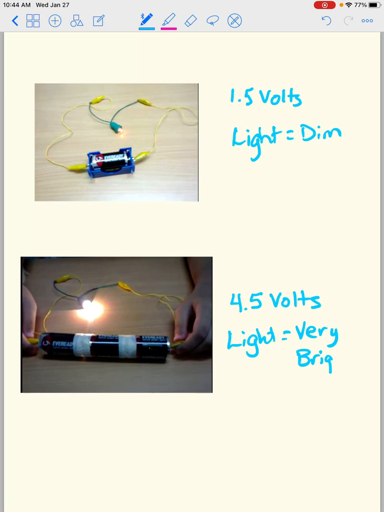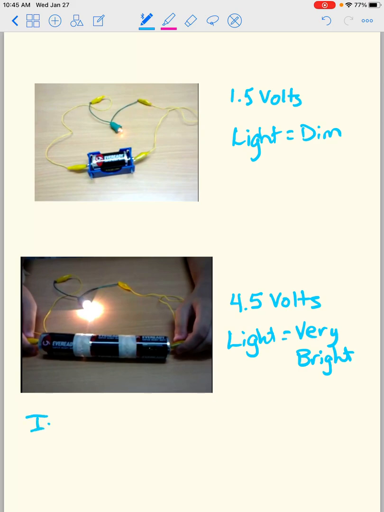And so we see that by increasing the amount of electric current that is flowing through the circuit, we increase the energy output, and in this example, the energy was given off as light.